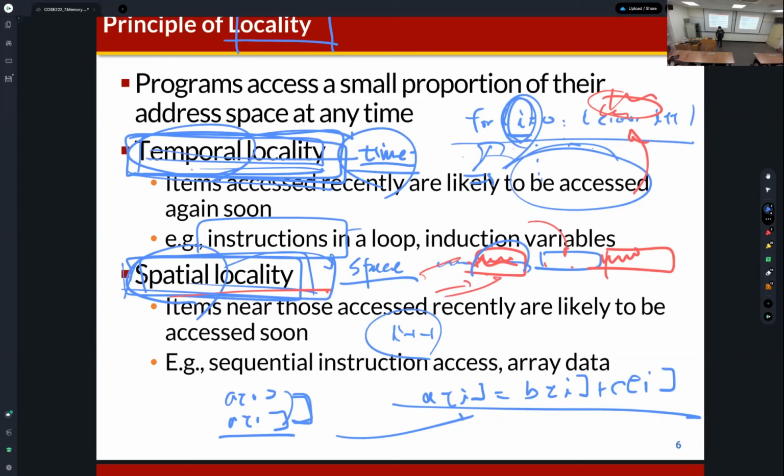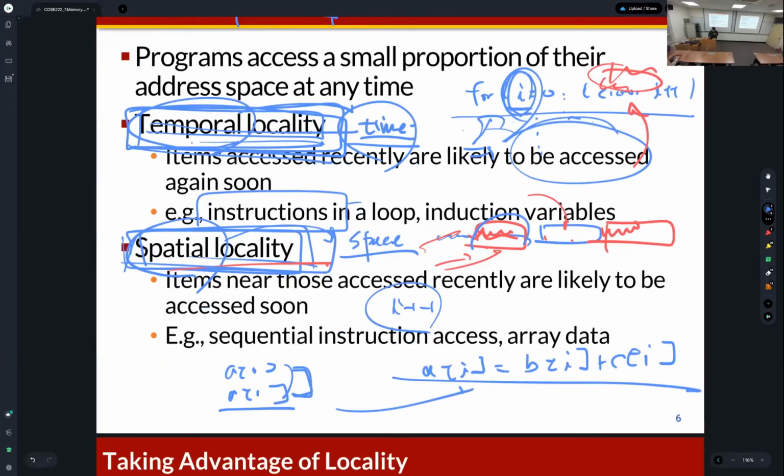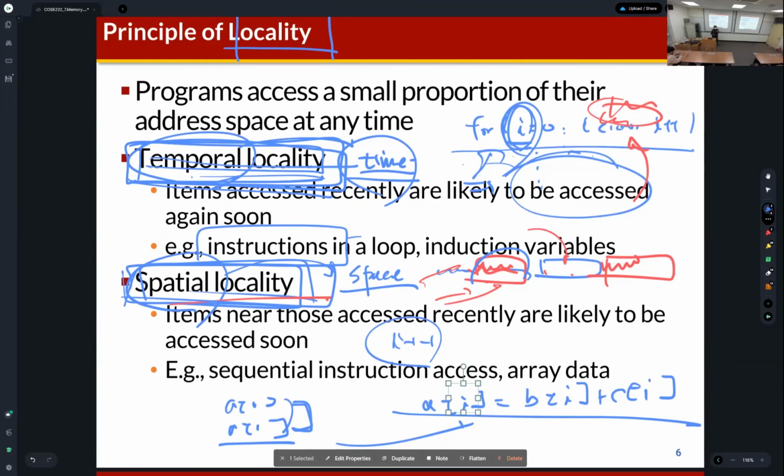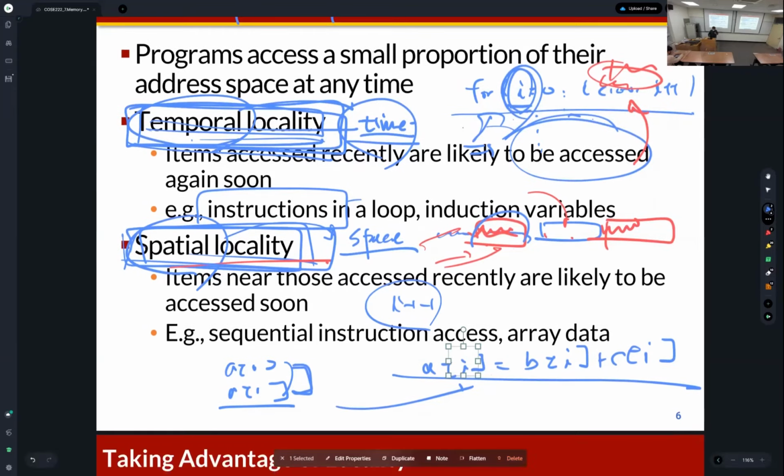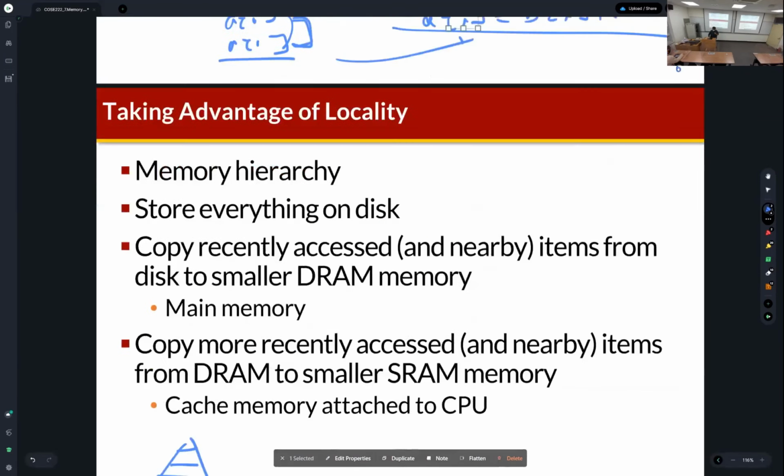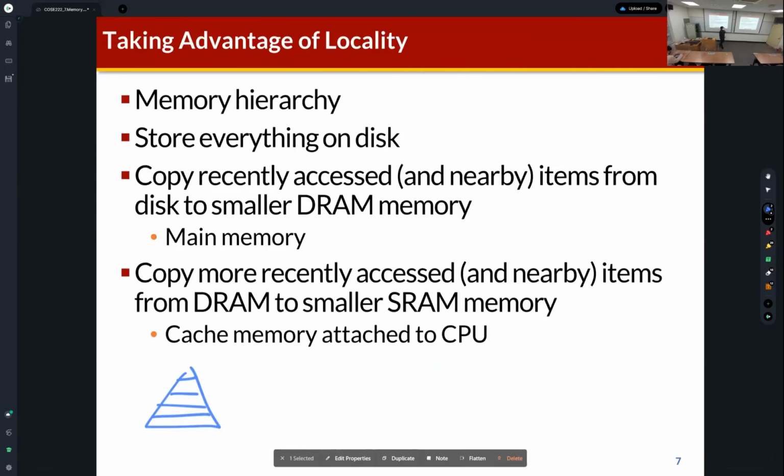If you read book number 0 and book number 1, the next time you will read book number 2, right? It's similar to our real world. So this locality is frequently found in our applications or programs.